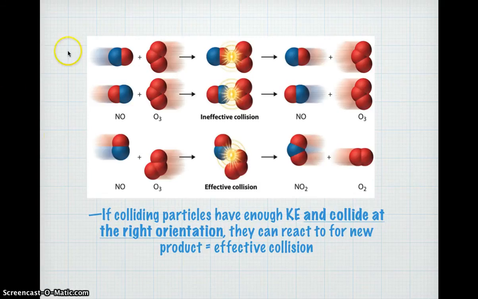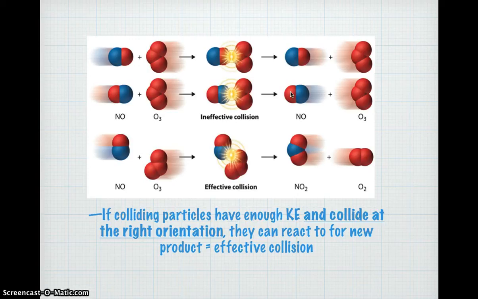So if you see NO plus O3 at the bottom, the NO is moving with enough kinetic energy and at the right orientation, and it knocks into the O3 and causes a reaction. And you see what happens here. It produces NO2 plus O2.